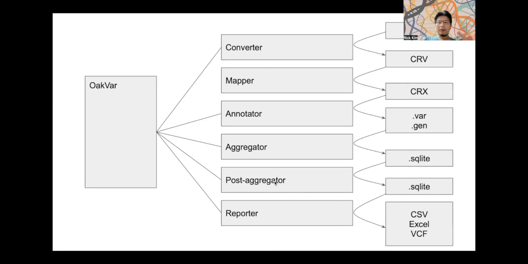So if we have a module that aggregates the result of other annotators and then does some calculation to create a new score, for example, then that will be a post aggregator creating a new score, one column for that. Then we have the complete SQLite database file for this analysis. And then the reporter module will fetch the data from this database file and generate CSV, Excel, VCF, etc. We have various reporter modules. So that's the main flow of OakVar.